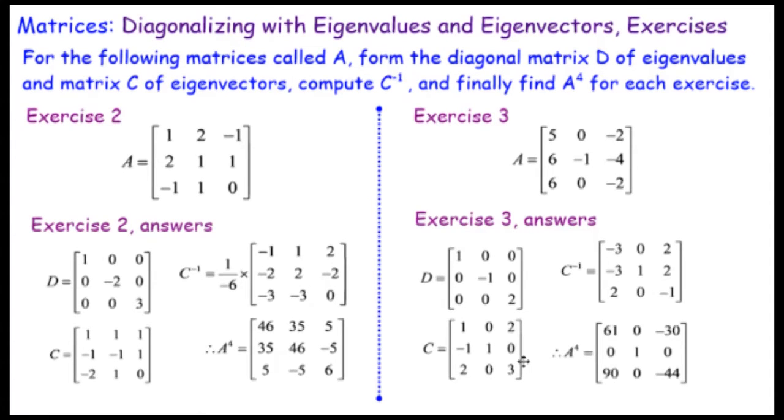It's always a good thing to work through and work out the characteristic equation, work out the eigenvalues and then the eigenvectors, put them into C, put the eigenvalues down in the diagonal D, work out the inverted matrix C, and then work out what A to the power 4 is. I've just kept it A to the power 4.